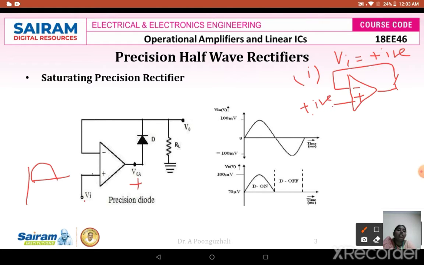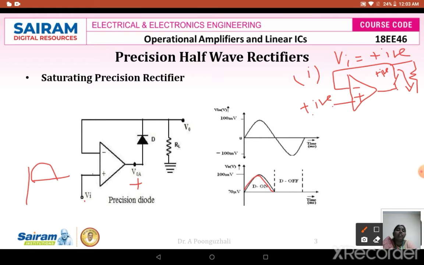That means the voltage at this point is positive, so here we have the output voltage positive. Because of this positive voltage, a current flows through this load resistor and you have the drop across this resistance, that is your output waveform, during the positive cycle.